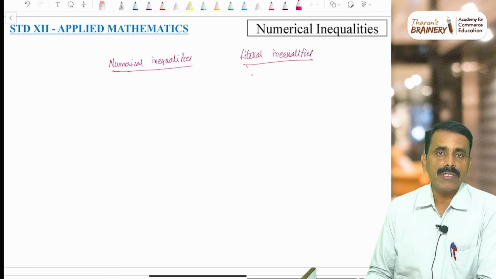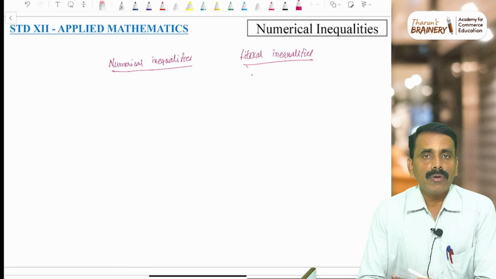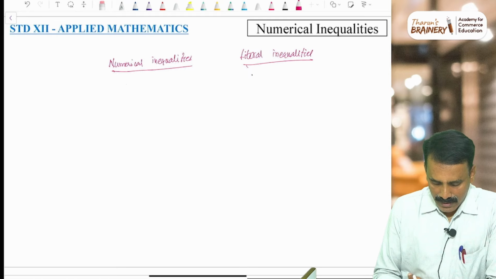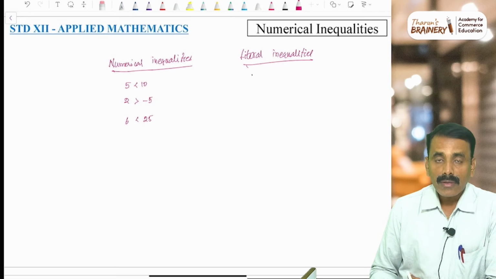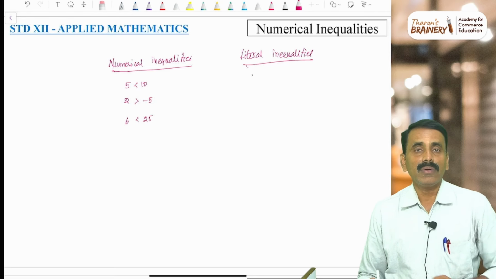In numerical inequalities, we are going to deal with only numbers, okay, and it won't have any variables, like 5 is less than 10, 2 is greater than minus 5, 6 is less than 25. Okay, the expressions which do not contain variables are called as numerical inequalities.